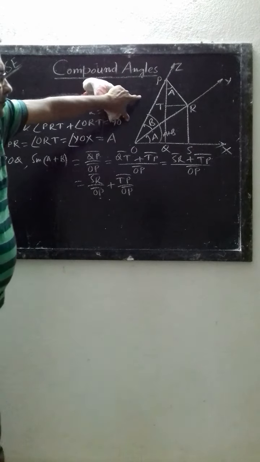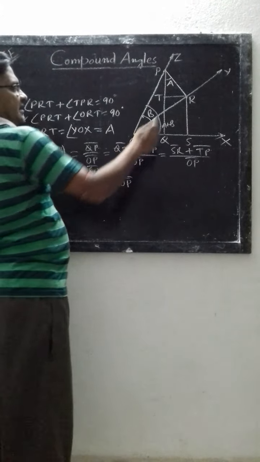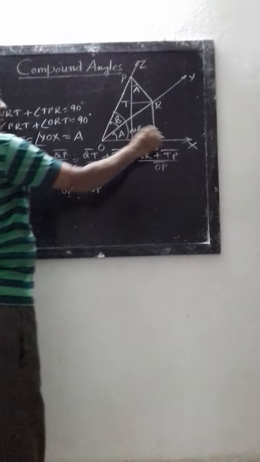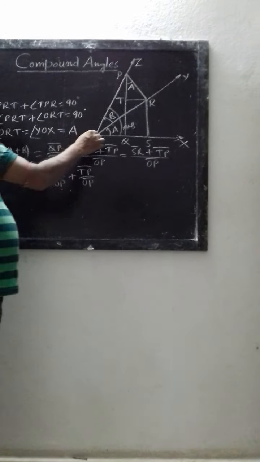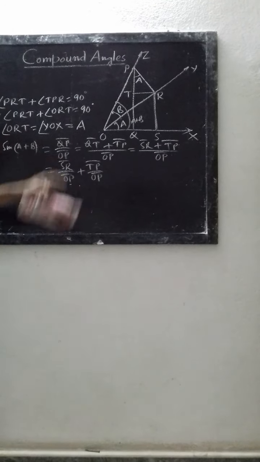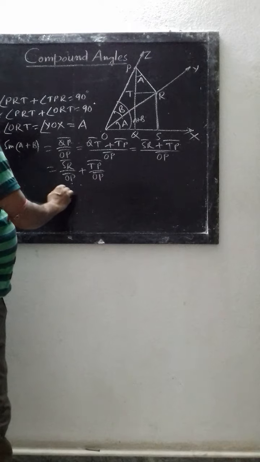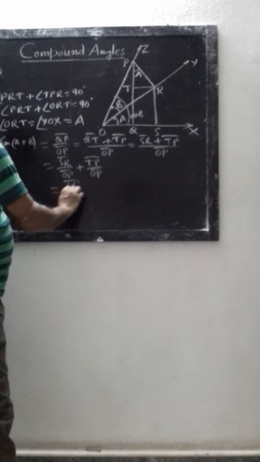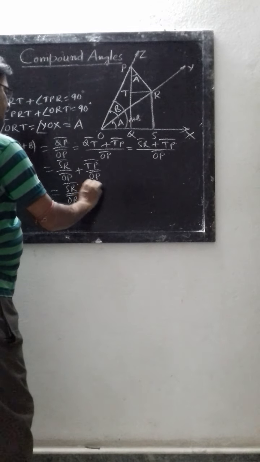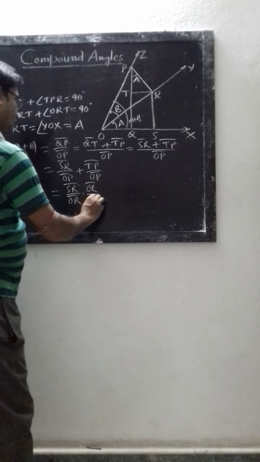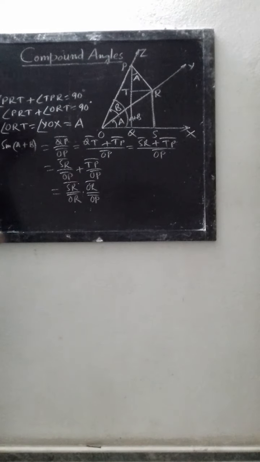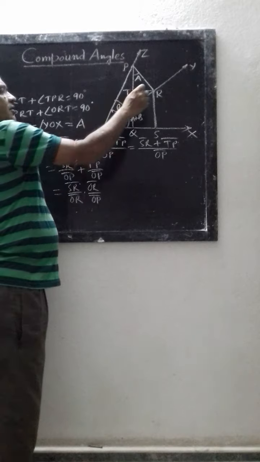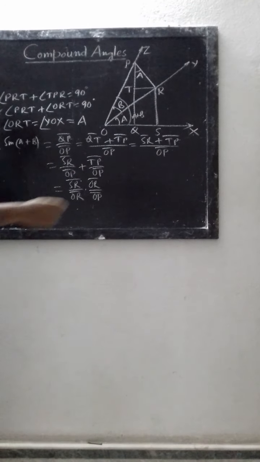Again look at the figure. SR is the perpendicular of the triangle ROS and OR is the hypotenuse of the triangle ROS. This is equal to SR by OR into OR by OP, where we divide and multiply by the hypotenuse of the triangle ROS.